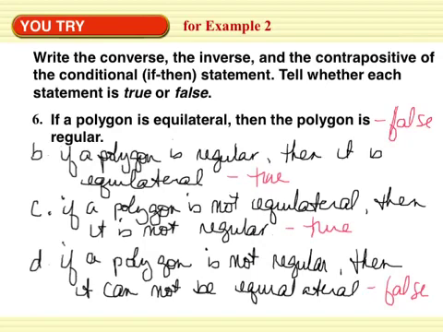B, if a polygon is regular, then it is equilateral. That's true. C, if a polygon is not equilateral, then it is not regular. That's also true. D, if a polygon is not regular, then it cannot be equilateral. If it's not regular, it can still be equilateral. It can't be equilateral and equiangular, so that one's false.